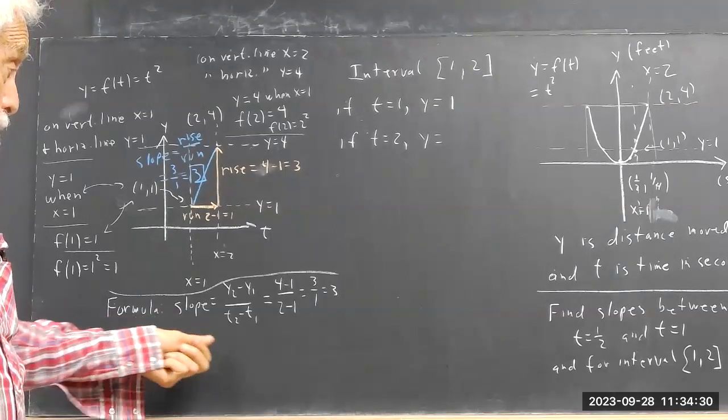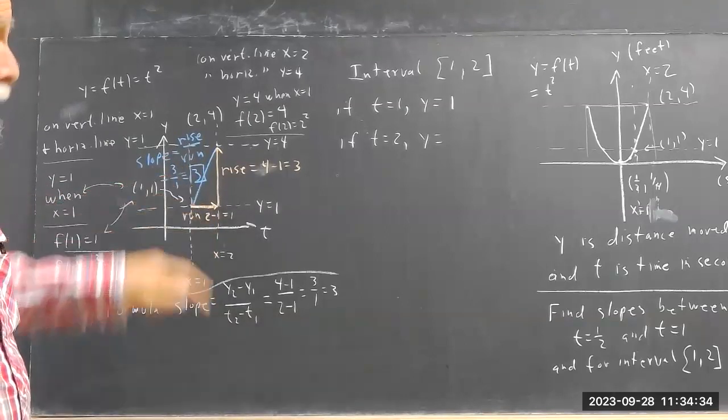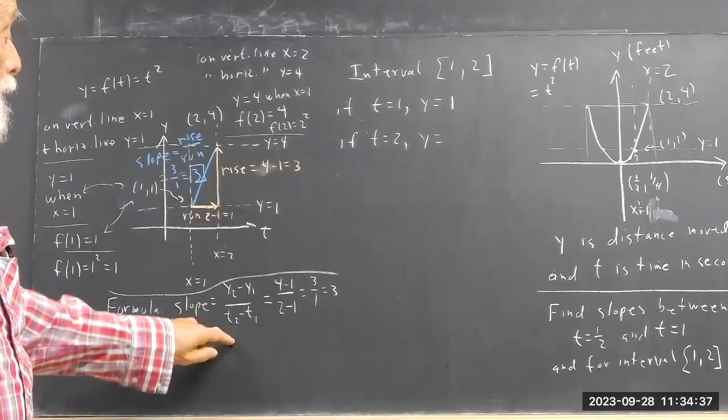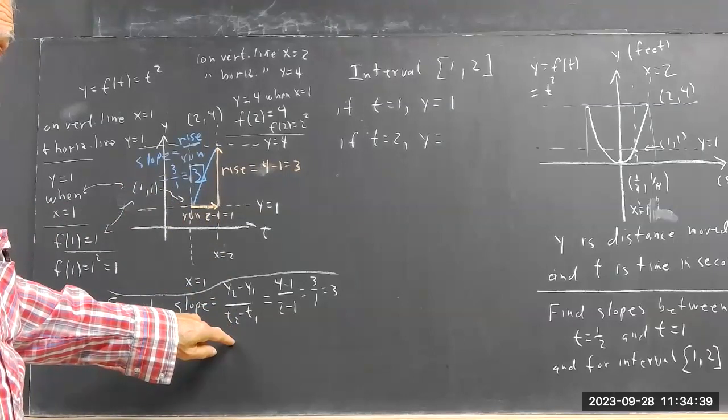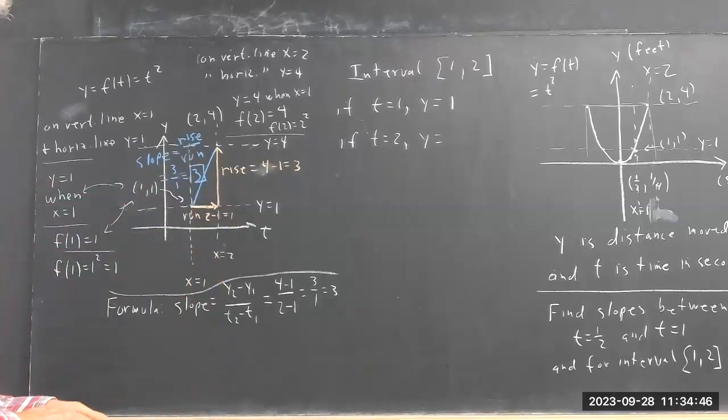The slope formula doesn't tell you any of this. You have to connect the formula with this. And I like the idea of starting with this and then seeing what the formula tells us, rather than starting with the formula and trying to interpret it here, but you can do it either way.